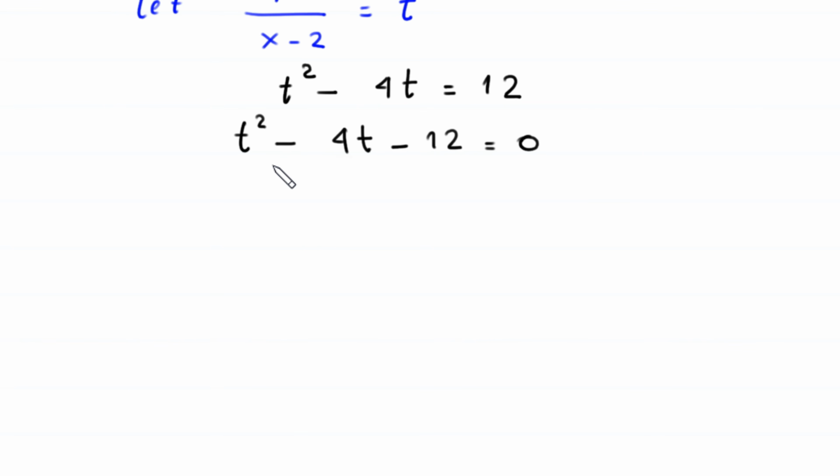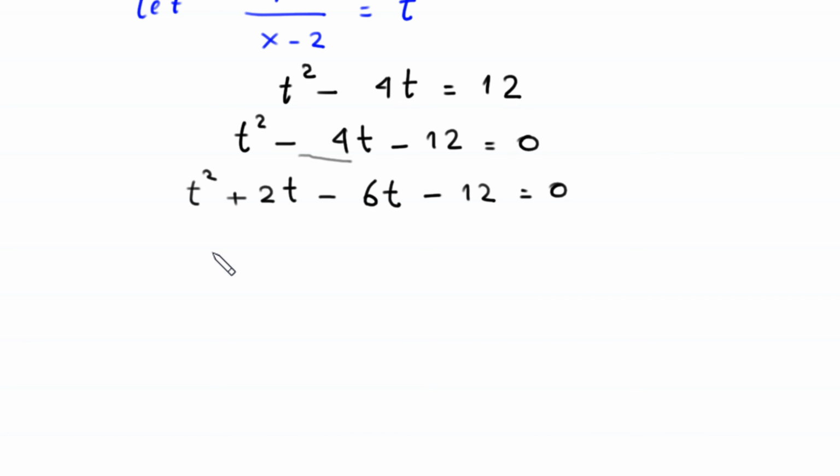Now this is a quadratic equation and is factorable. We write this t² and we break this negative 4t into two terms: plus 2t minus 6t minus 12 equal to 0.